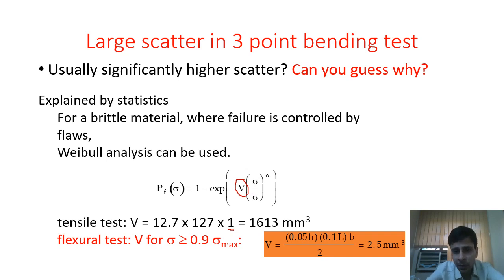But in a 3-point bending test, the load is applied in a very narrow thin region, and the volume of that thin region will be somewhere equal to 0.05 times h times 0.1 L times the width.